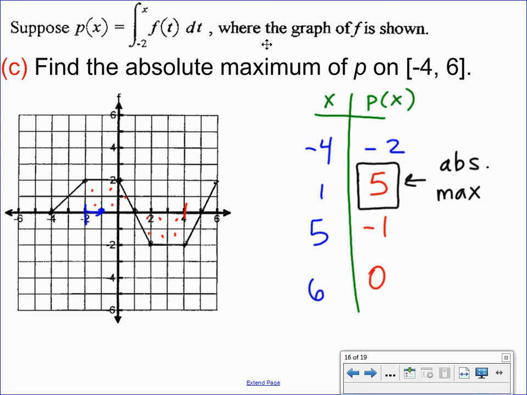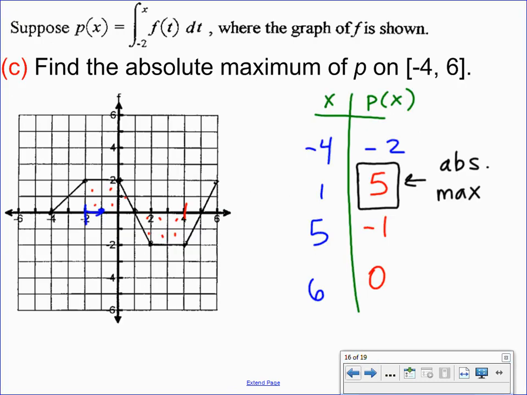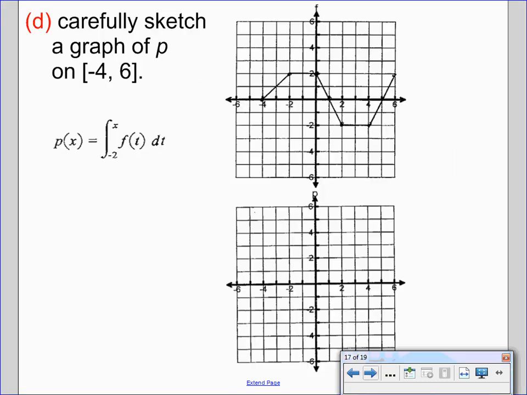Great. Can we put it all together and make a sketch? I believe that we can. So we're going to go ahead and take a look at my P prime equals f graph, and we're going to take those points that we just calculated, and we'll be able to make an accurate sketch. And so what do we need? We need my endpoint values. -4 was -2, so -4 comma -2.